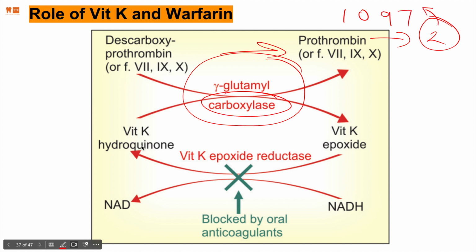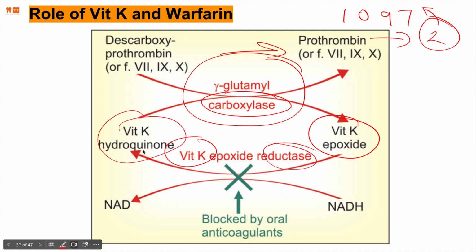Now, vitamin K has its own cycle down here, where vitamin K epoxide uses vitamin K epoxide reductase to come back to its natural vitamin K hydroquinone form. However, warfarin blocks this step right here. And therefore, vitamin K can never turn into its activated form. It will always stay deactivated. And therefore, these factors right here will never be made.